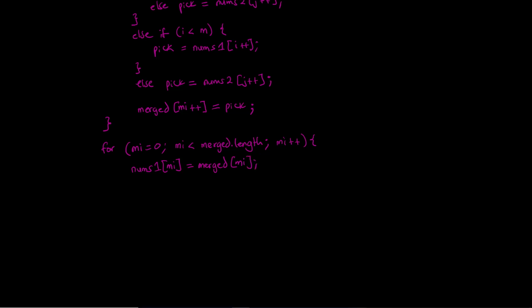So just a one-to-one mapping of copying over stuff, and then the end of our function.